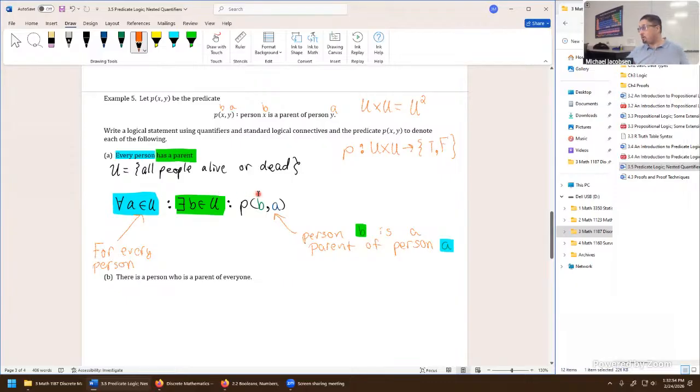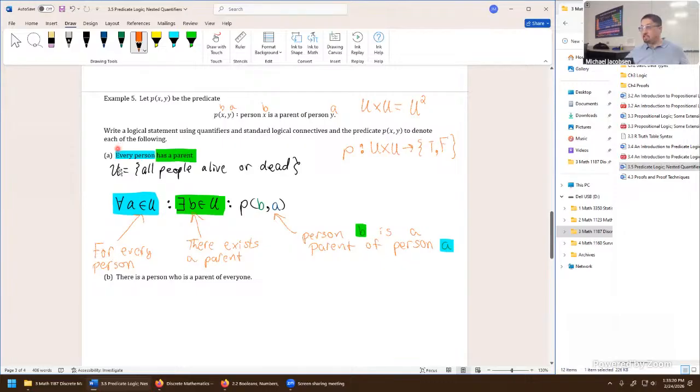It's implied that that person is not just an ordinary person, it's a parent, also a parent of person A at the same time. So we'll say here, there exists a parent. Then the colon will just read as such that person B is a parent of person A.